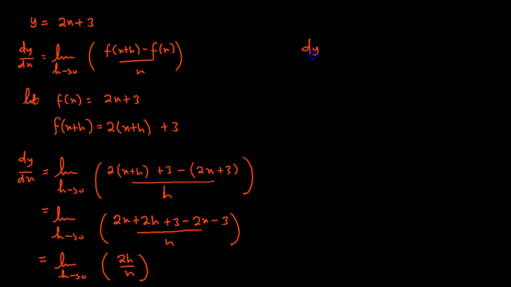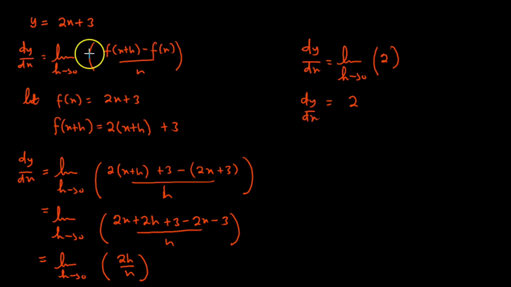Therefore, dy dx will be equal to limit as h approaches 0 for, now h will go into h, leaving just the value 2. Now you learned early on that since there is no h in the statement, it's left with a constant. So limit of a constant as h approaches 0 still gives us the constant 2. So it tells us that dy dx is equal to 2.